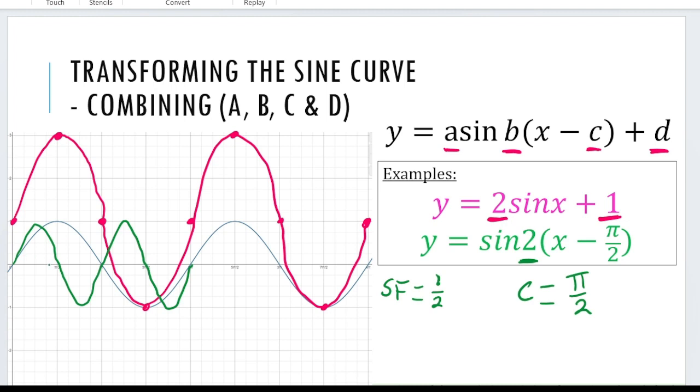So if we look at what's happening here, and I'm going to draw this one in black just as our outline. So we've got our horizontally dilated. Now we're going to horizontally translate it. So this one is going to move across by pi on 2. So that's basically our new starting point. This maximum here is going to move across by pi on 2.